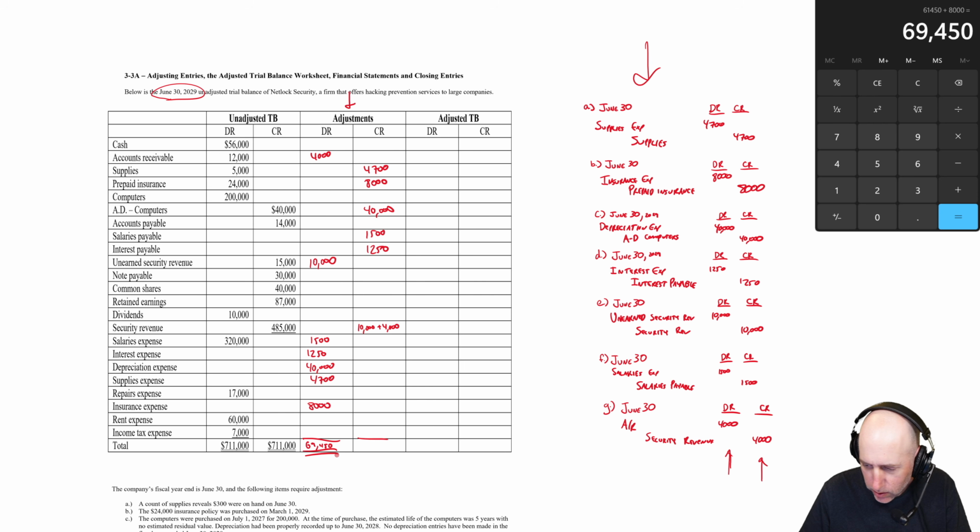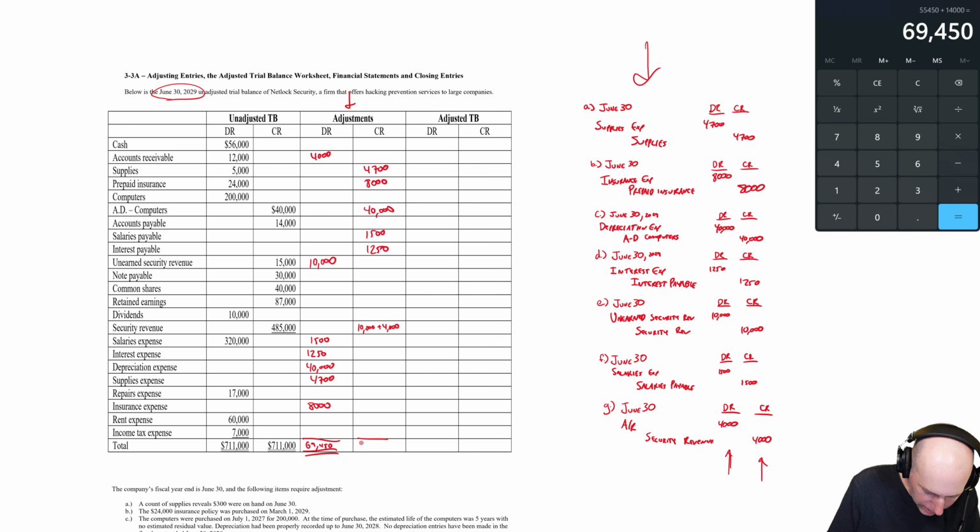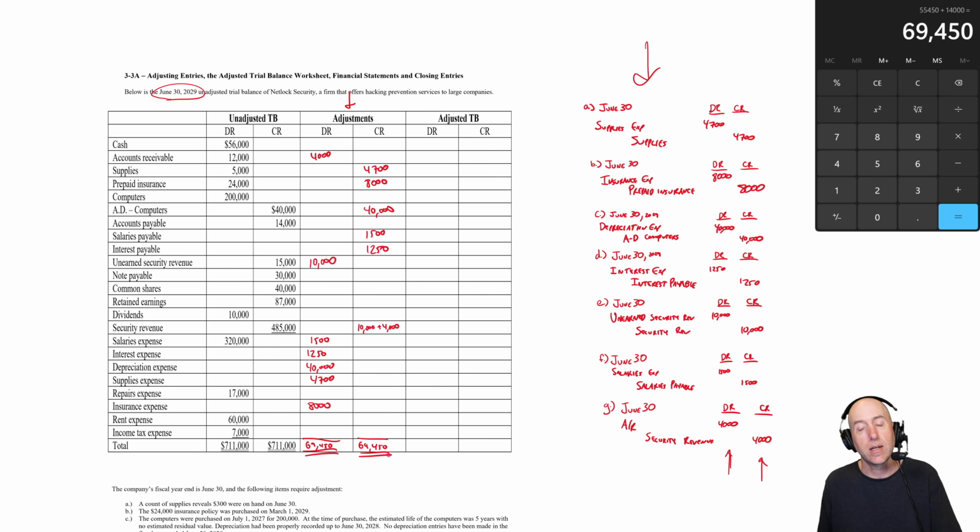And on the other side, hopefully these match: 4,700 plus 8,000 plus 40,000 plus 1,500 plus 1,250 plus, I'm going to just say 14,000. Do it in one shot. 10 and 4 is 14. 69,450. Yes, indeed. All right, that's good news. That's what we expect to see.